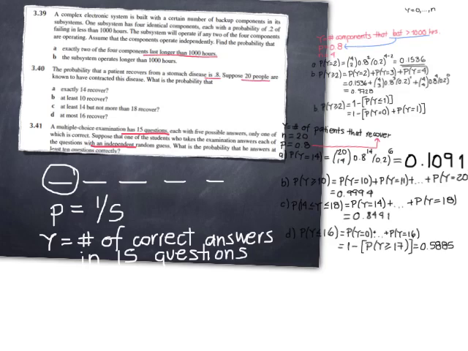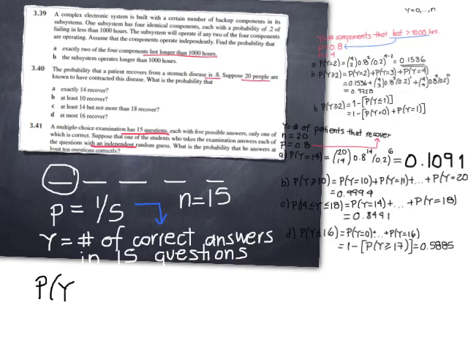Again, remember that this probability should have the same outcome that you are measuring with y. If you are talking about correct answers, then p is going to be the probability of that correct answer, and you also have the value of n. We discussed the value of n equals 15. So now the question is, what is the probability that he answers at least 10 questions correctly?